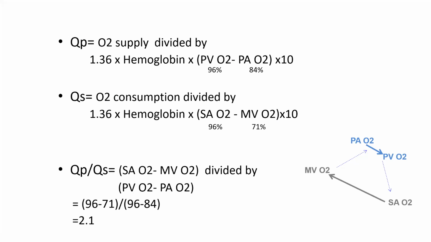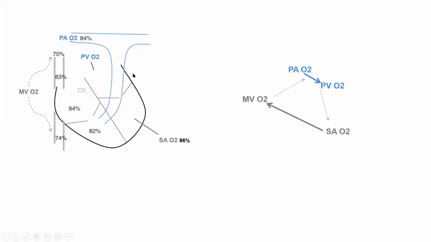So anyway, the QP to QS, the QP, which is the pulmonary circulation flow, uses those two arterial sats, the pulmonary arterial and the pulmonary venous saturations. Whereas the QS, the systemic circulation, uses the arterial O2 and the mixed venous O2 before the shunt, okay?